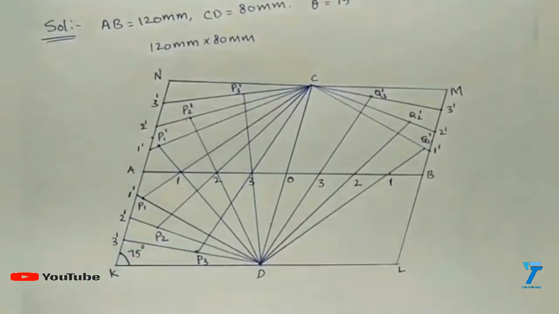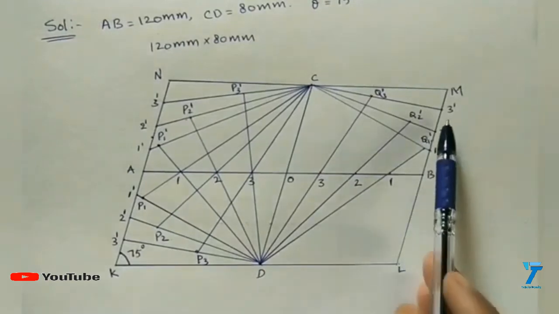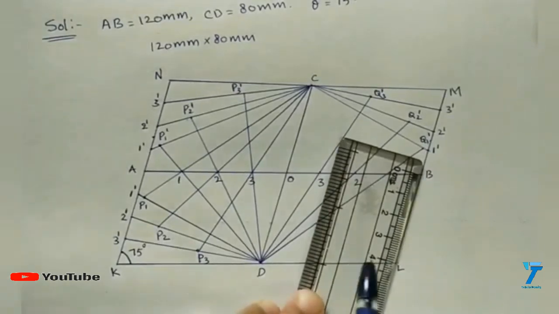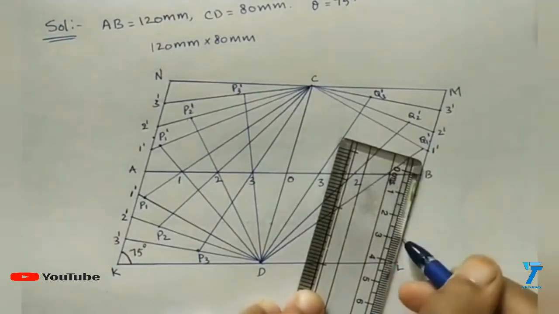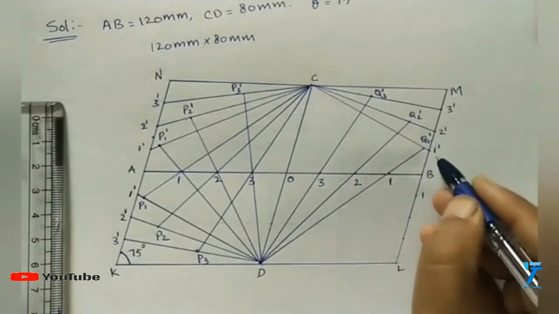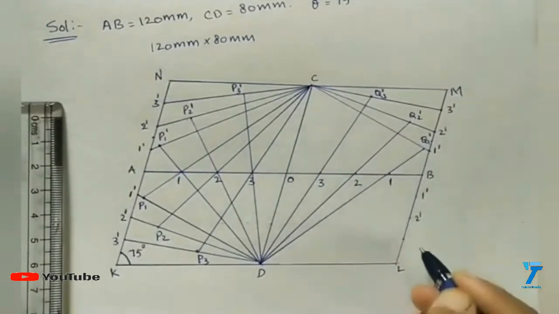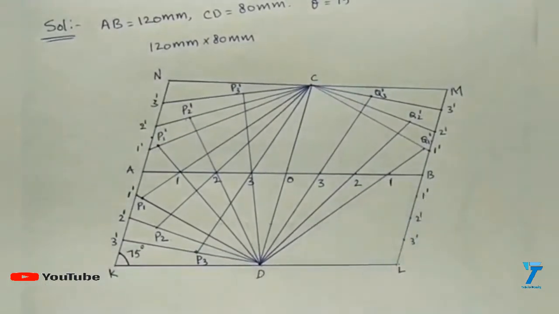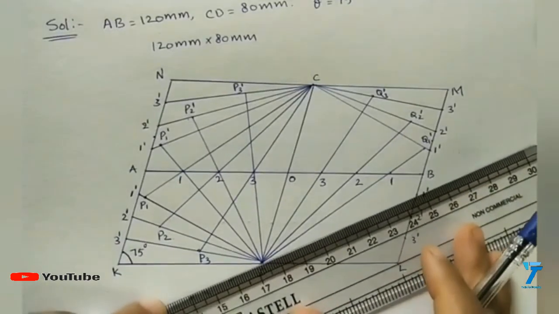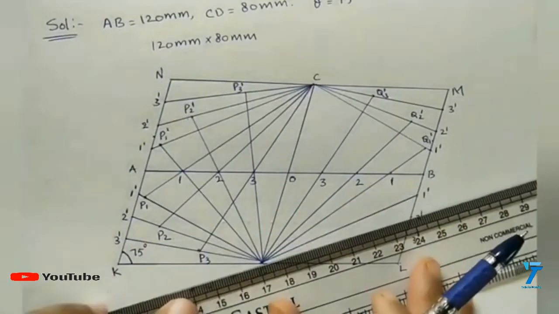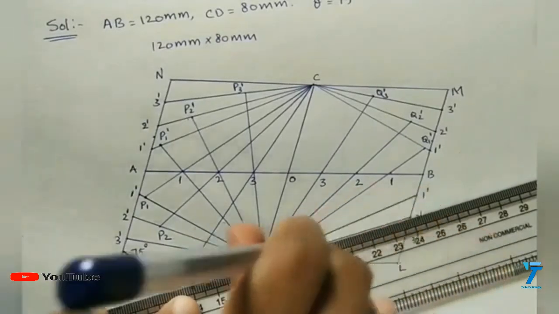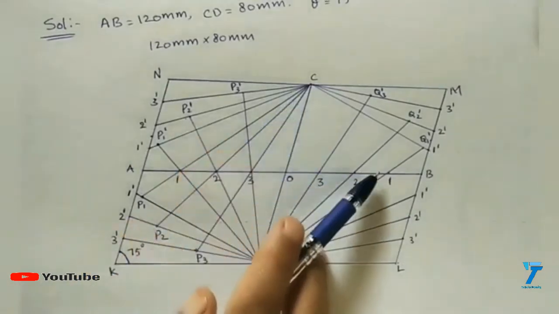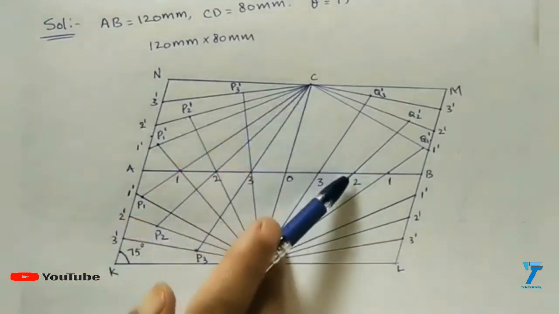So intersection point is P3. Now here also divide into same number of divisions. 1, 2, 3. And numbering is same. Here 1, here 1, here also 1 dash, 2 dash, 3 dash. Join all these points to D. And then join C1 and extend that up to 1 dash. Join C2, extend up to 2 dash.